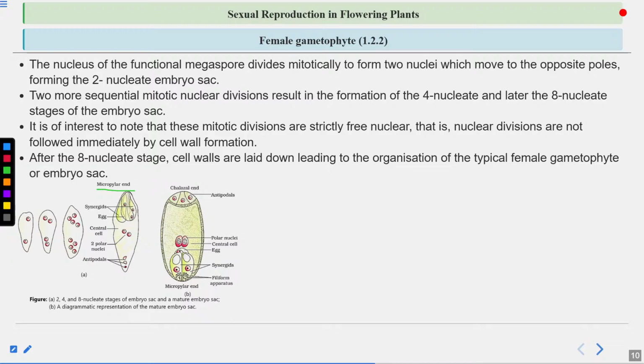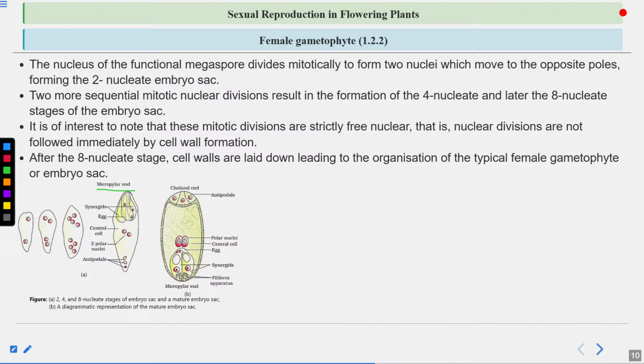Good. What is the function of the synergid then? The synergid contains the filiform apparatus and helps to guide the pollen tube to enter the synergid cells and release all the contents of the pollen tube. So it guides the pollen tube. Very good.